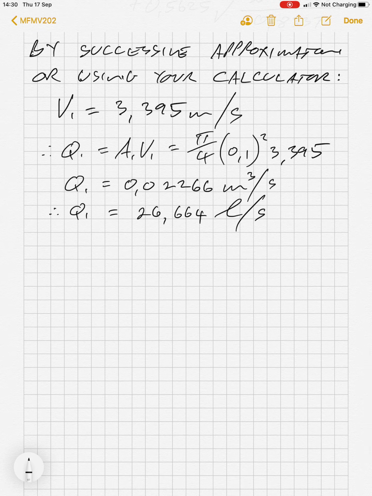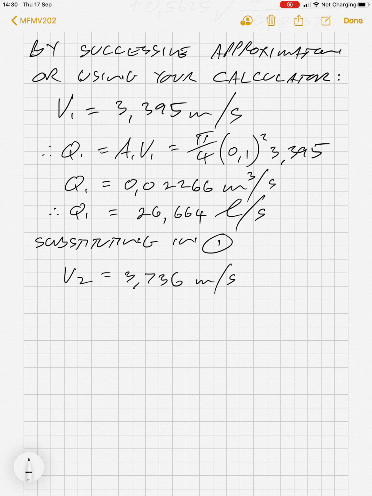And substituting in equation number 1, we get V2 is equal to 3.736 meters per second, and Q2 equals 7.3356 liters per second.